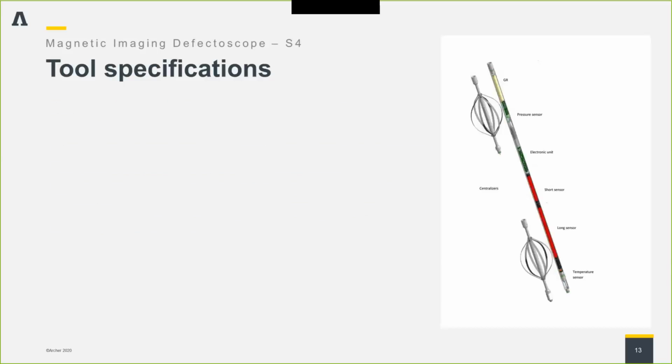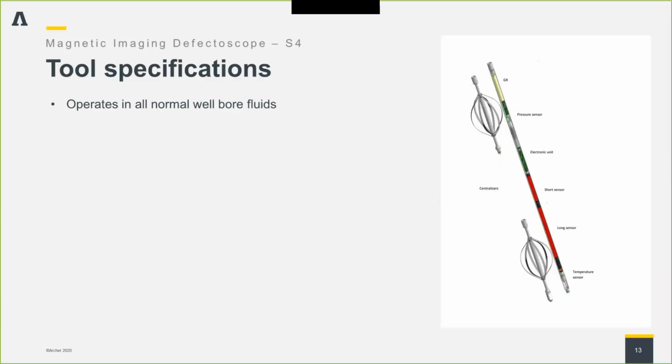So moving on to the specifics of the tool itself, the tool specifications. It has a gamma ray and pressure sensor built in, as well as the temperature sensor, which is important for analysis. We've got 2 sensors, a short one and a long one, and the electronics. And we have centralizers that can be fitted.